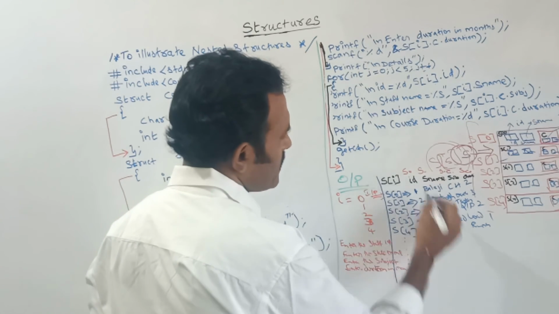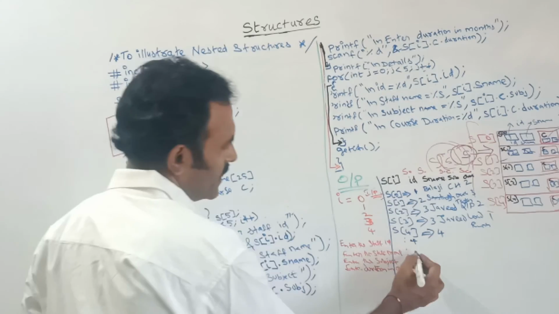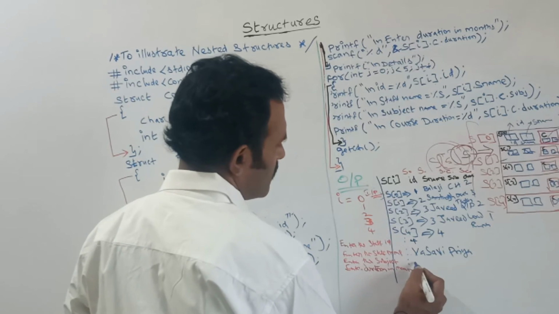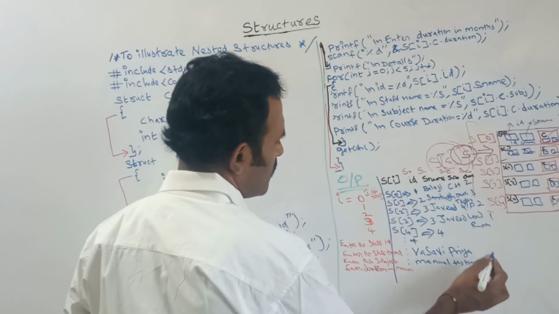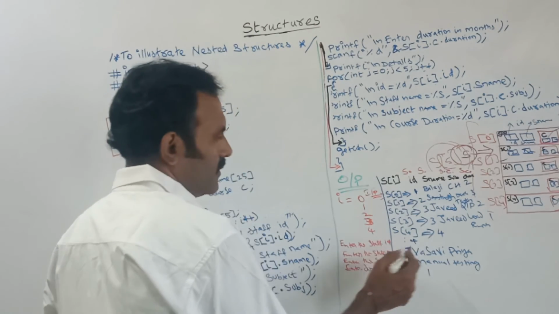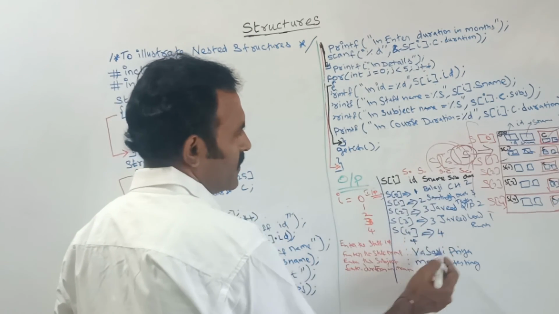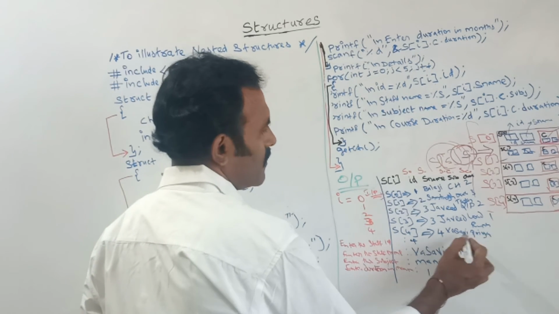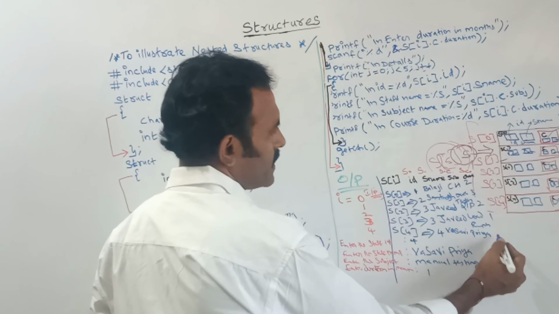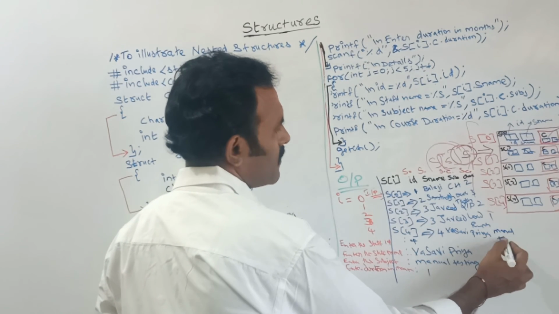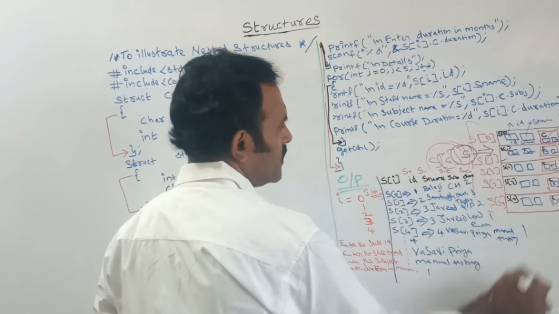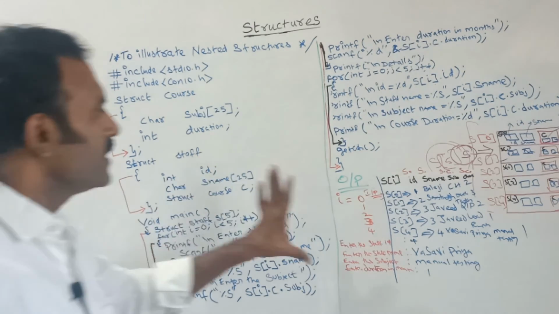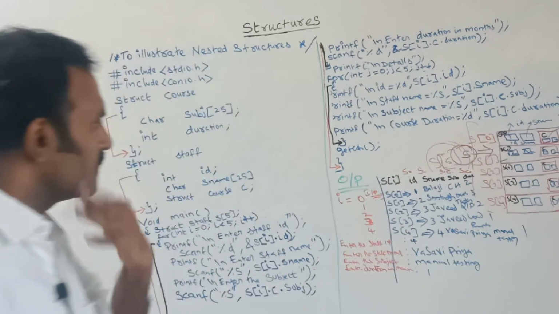Suppose you are giving the staff ID as 4, and for this staff ID 4, next staff name Vasavi Priya, next the subject name is manual testing and duration is 1 month. By help of this structure variable array, we can store multiple records.